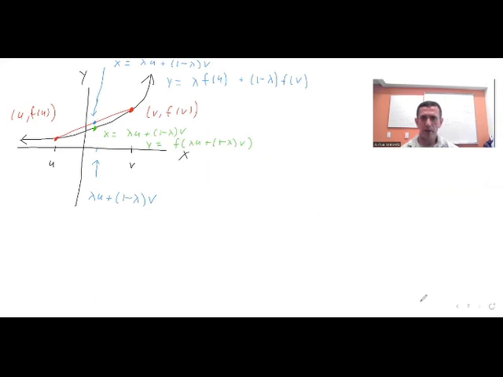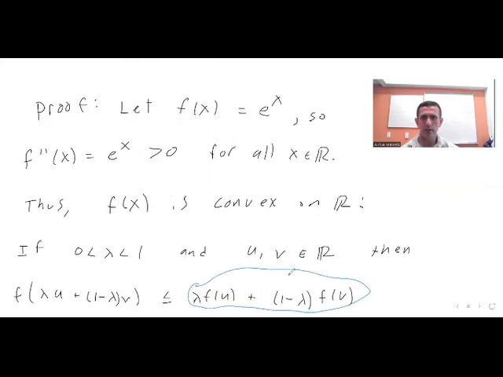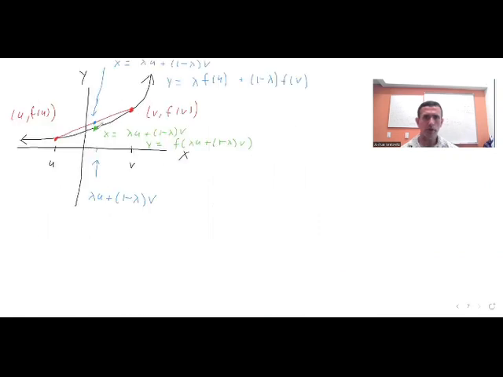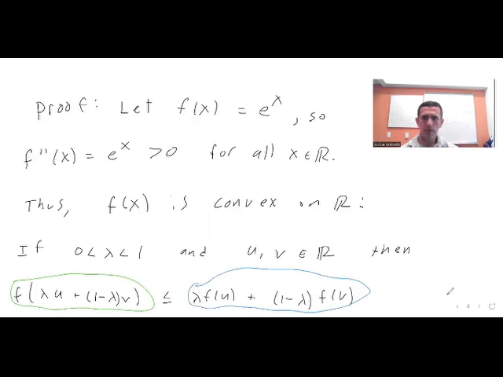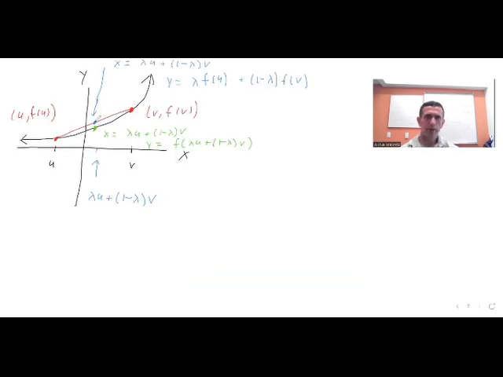And the definition says this is bigger or equal to the green y value, which is right here. This right here is this y value. This right here has y value, this one here. Okay. So yeah, that's what convexity says.